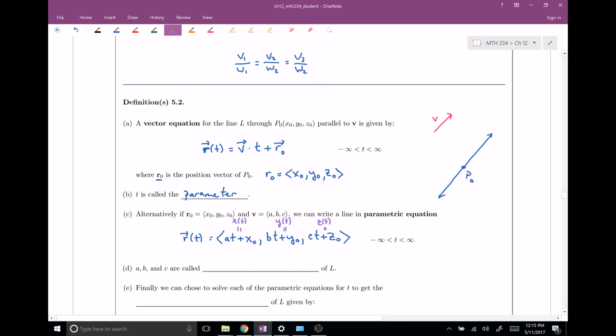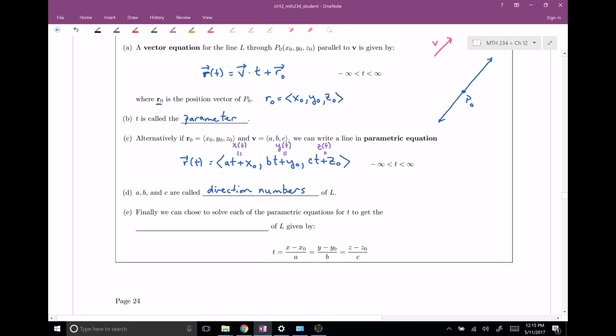They all depend on t. And we can say that a, b, and c are telling you something about the direction. So these are called the direction numbers of the line. So now we've defined what lines look like in space. They are vector equations.